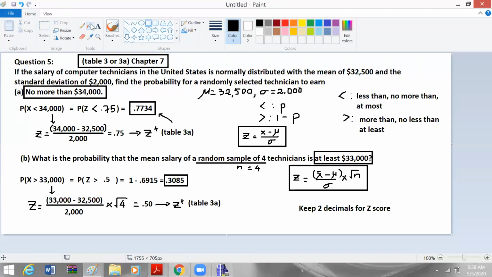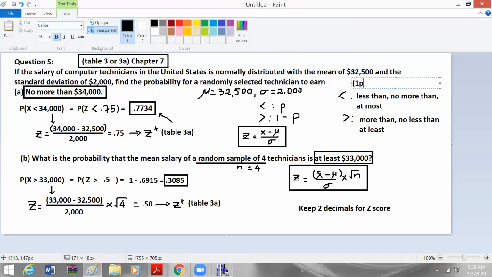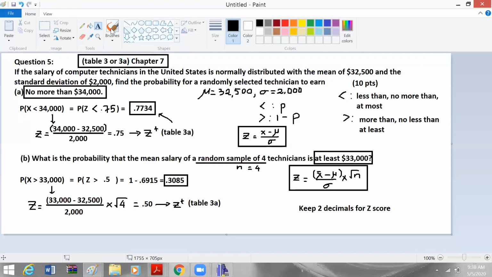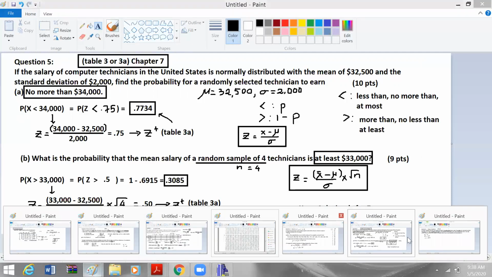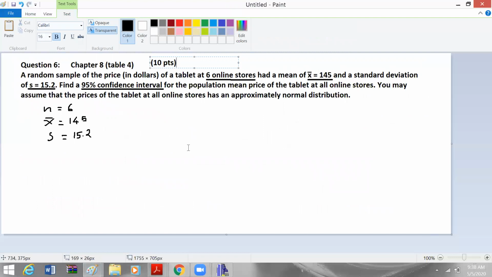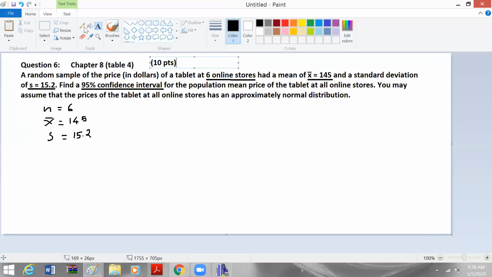So part A will be 10 points as well, and this part is going to be 9 points, or part B. So that'll be 9 points. Okay. And we have a CI equal to 0.95. So CI in this case will be 0.95.